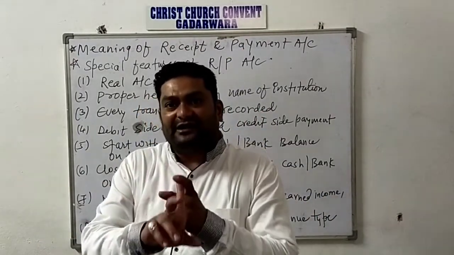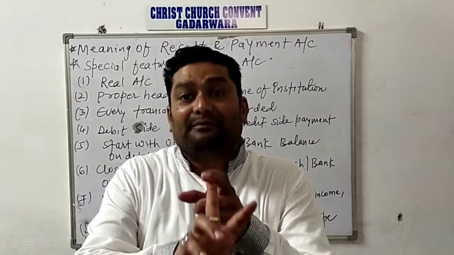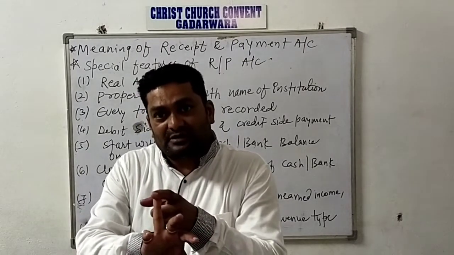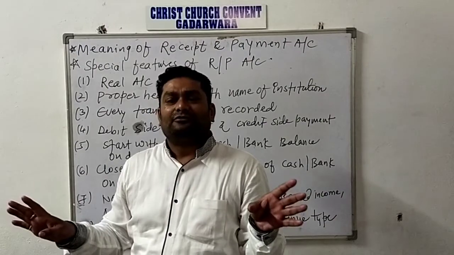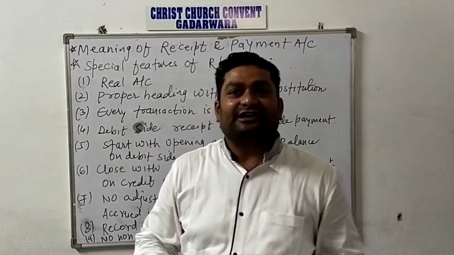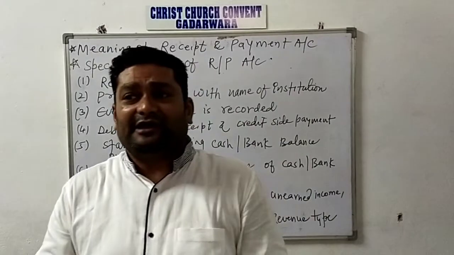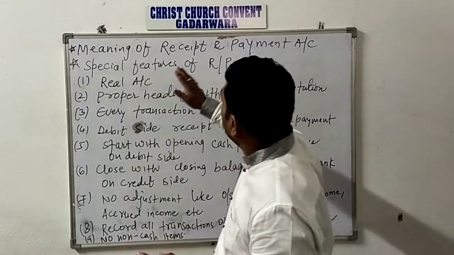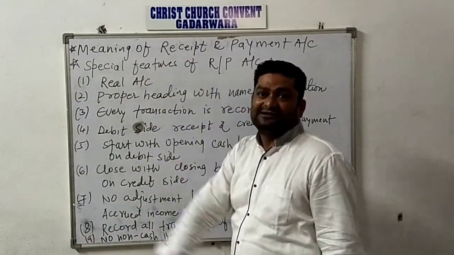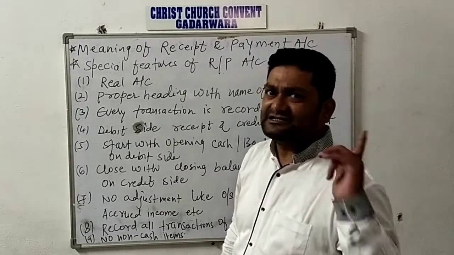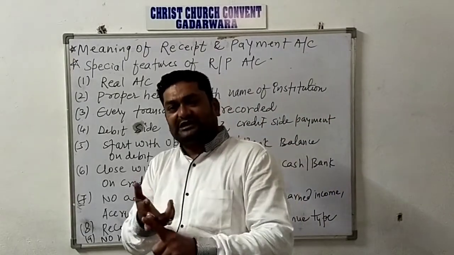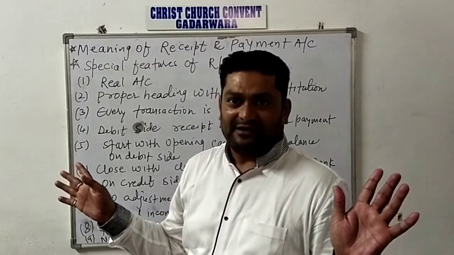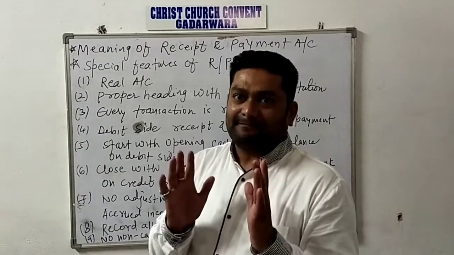It may be of the current year, the past year, or for the coming year, the next year. It does not matter to us. Understand? Money should come, from anywhere, of any time, and from anyone. We have to write where? In the receipt column on the debit side. Just money should come, whether of this year, last year, or next year, whether Ramu gave it, Kalu gave it, or Bhalu gave it, no matter, money should come.